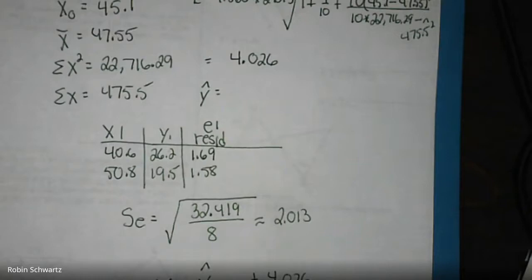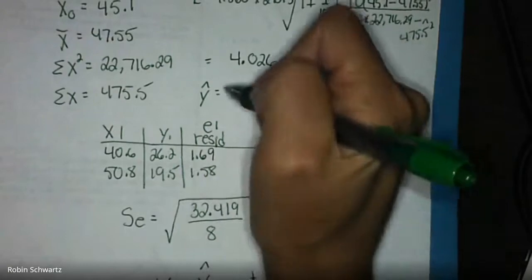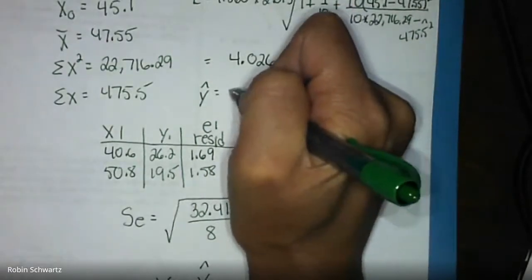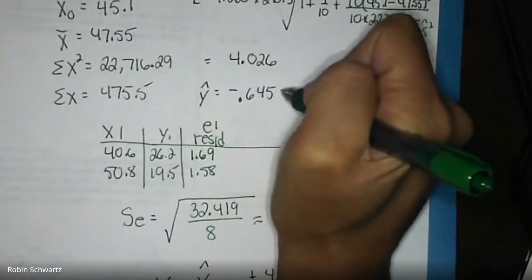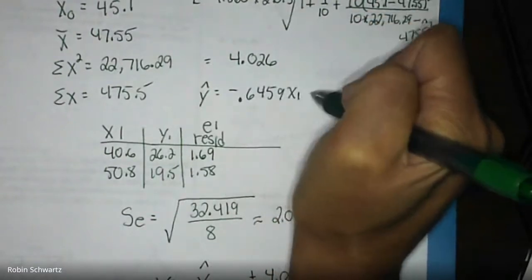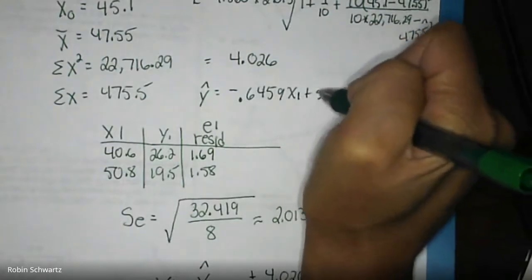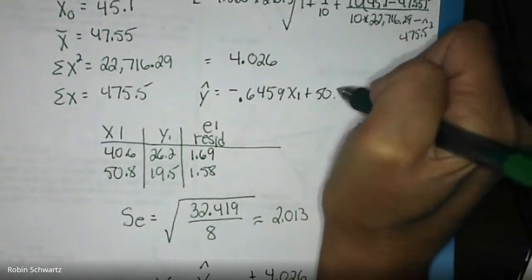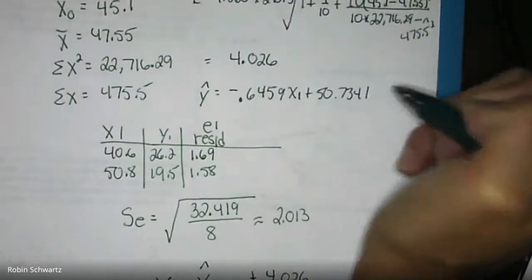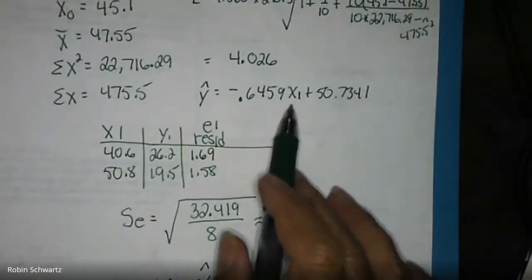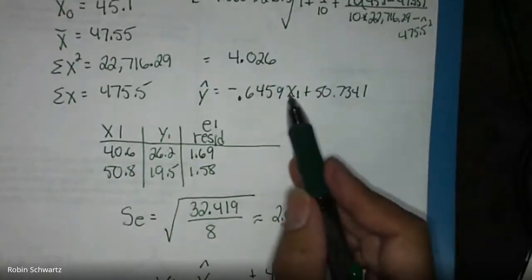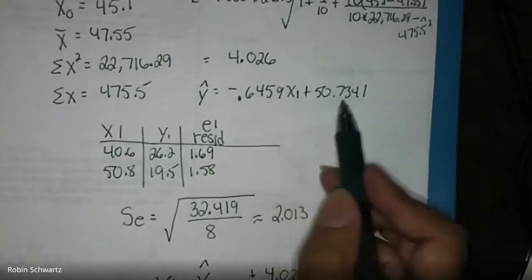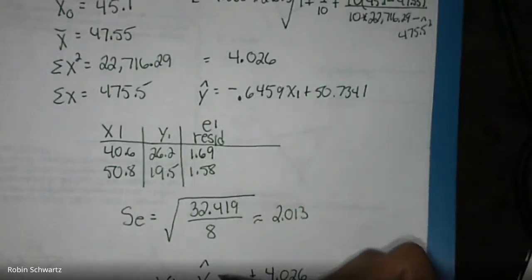It's right where you do the Y squiggle thing. M was negative 0.6459 X1 plus 50.7341. That's in that same box where we got the E1 residuals plot. And now I just have to plug the 45.01 in here to see what that y value is.